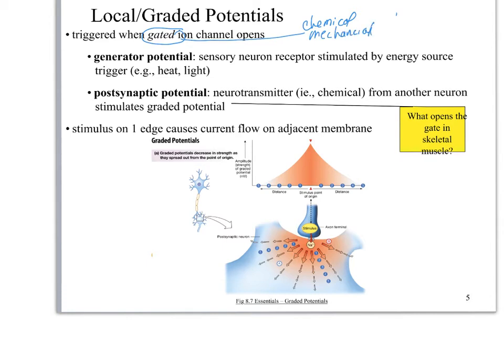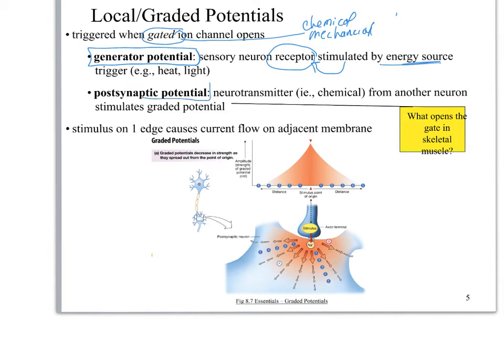In the case of some other things like calcium, it might be a voltage gate as well, but it's not a voltage gate related to an action potential, okay? Now, we've got some other definitions right here, like generator potential, okay? The generator potential is just talking about how you have some kind of receptor that is stimulated by an energy source. So it could be heat, light, something else, okay?